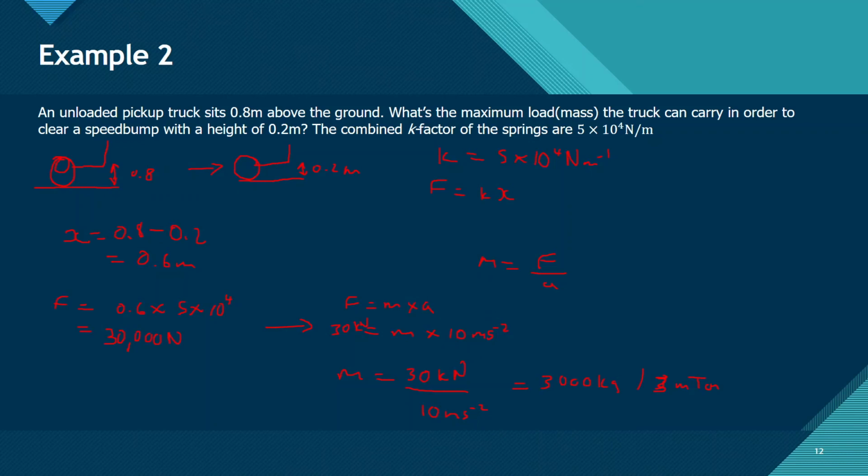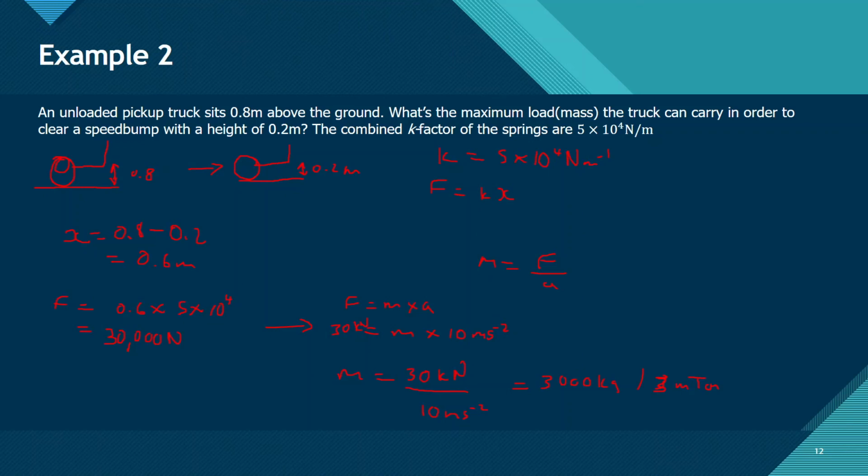So again, for this question, they gave us the K factor, the spring constant. They told us the distance the spring traveled by saying it's going to squat to a height of 0.2. So you find the difference, and that leads us to 0.6.